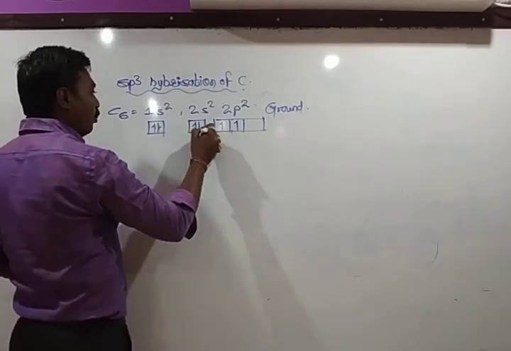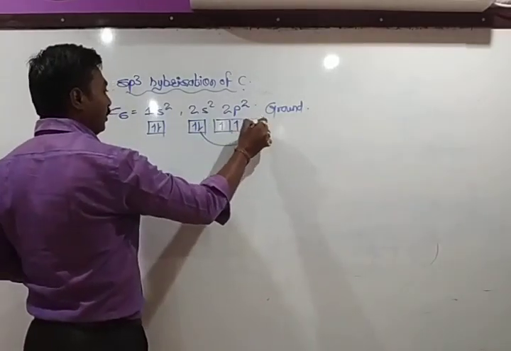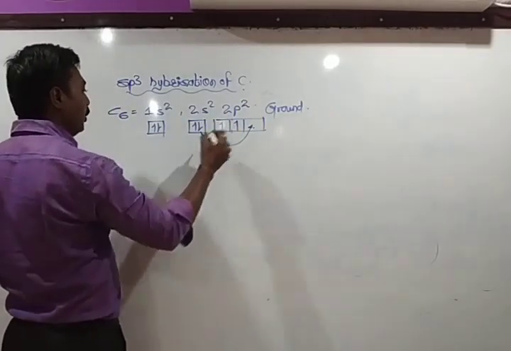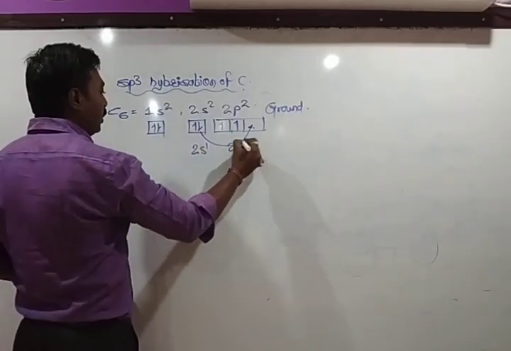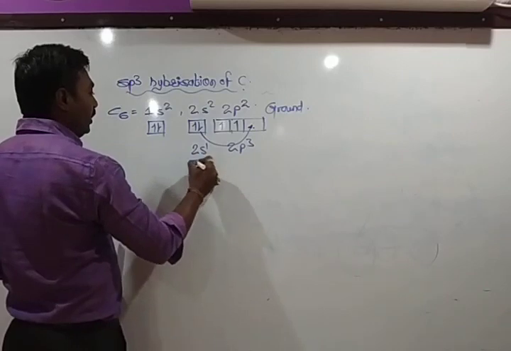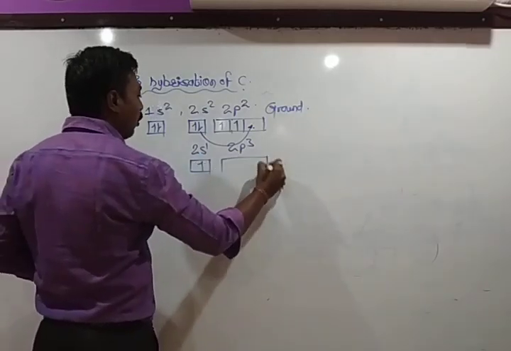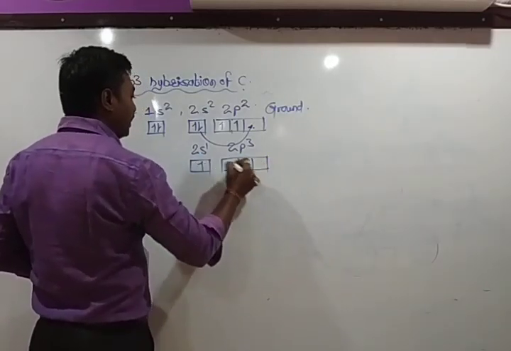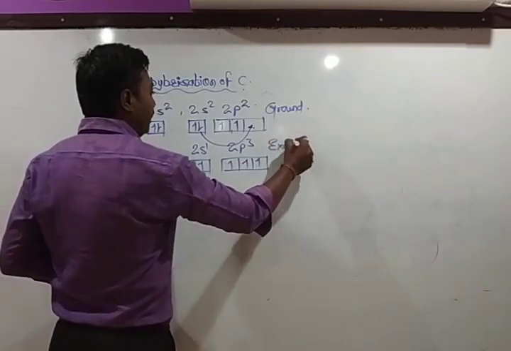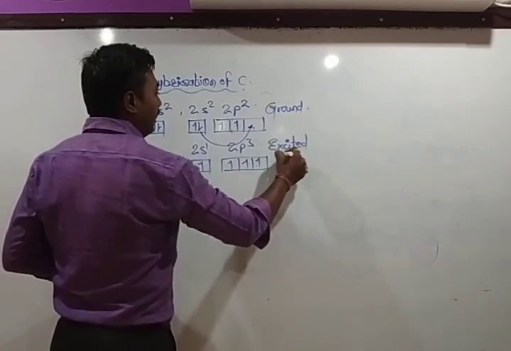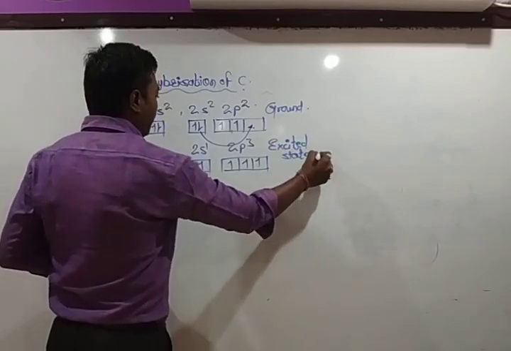For the formation of a more stable arrangement, this electron jumps to the 2p orbital, and the stable electronic configuration of carbon is 2s1 and 2p3. This all happens according to the rule of extra stability. This is the excited state configuration of the carbon atom.